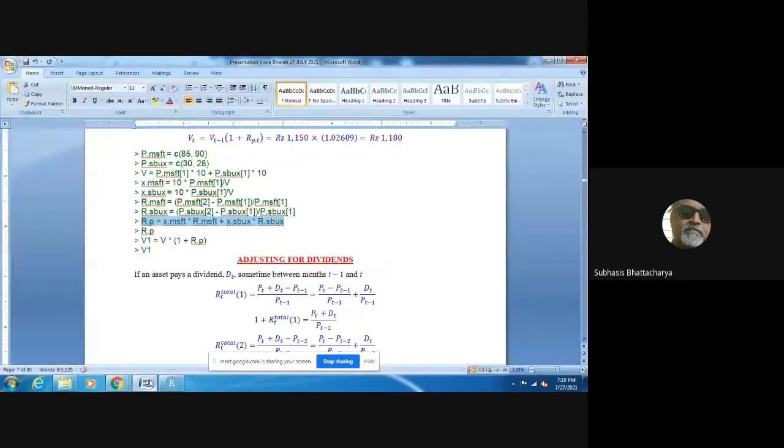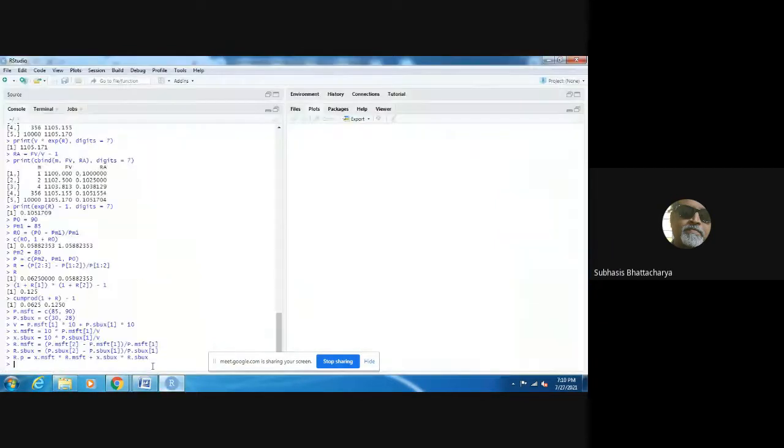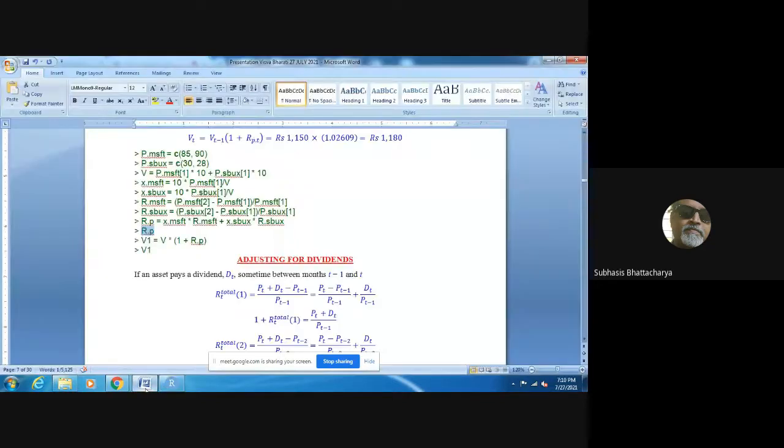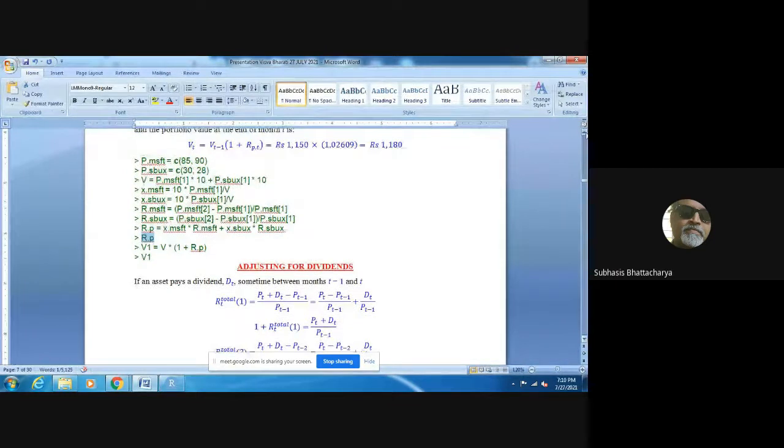Then I estimate the portfolio return. That is 2.609, my ultimate portfolio return, that we estimate here.